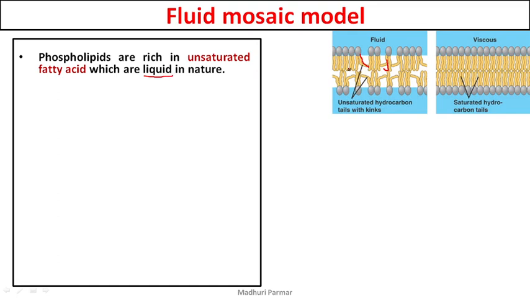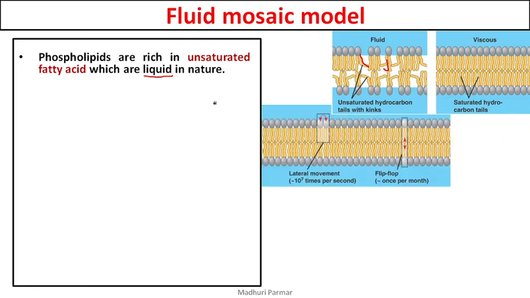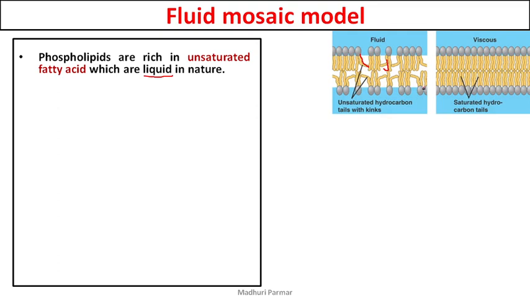Also, you may know that unsaturated fatty acids are liquid at normal room temperature, right? So the same thing applies here. Unsaturated fatty acids make the membrane fluid. If they were saturated fatty acids, they do not have a bend.